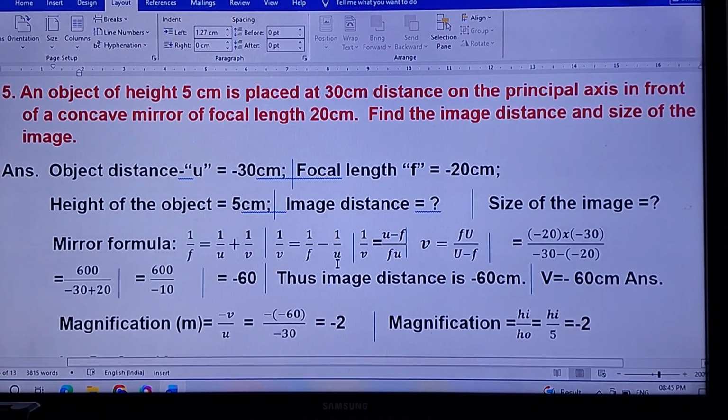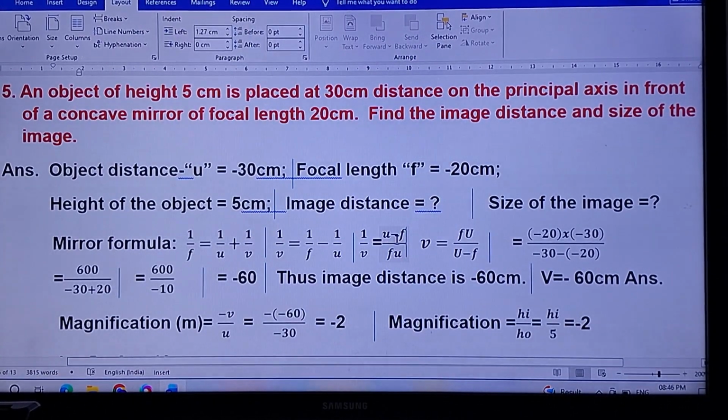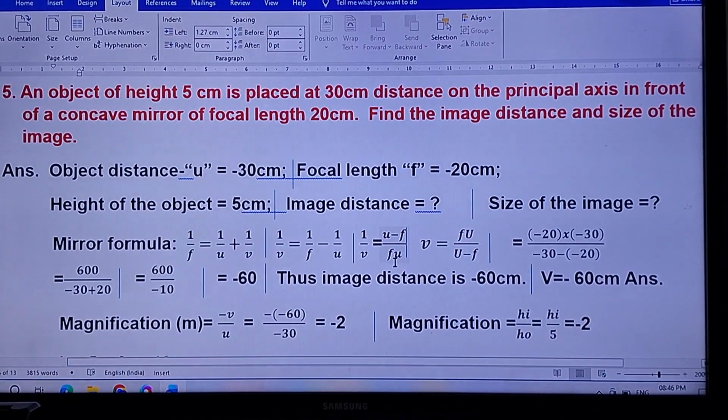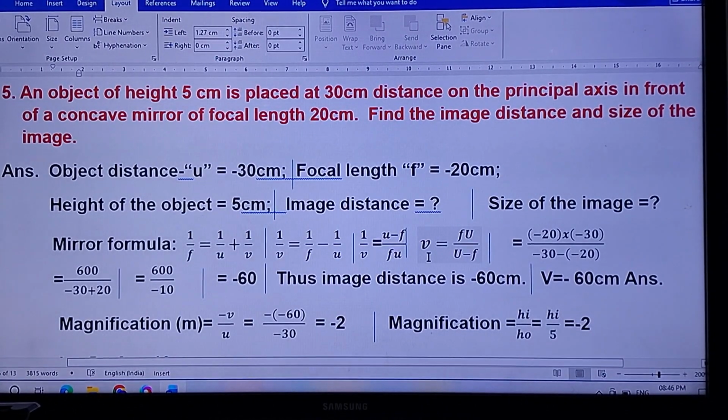Here I took LCM for this, that is f u, u minus f. You know this pretty well. You get 1 by v is equal to (u minus f) by f u. Now you want v, so you have to write the reciprocal of it. When you write the reciprocal of LHS, you have to write the reciprocal of RHS also. So (u minus f) by f u becomes f u by (u minus f).